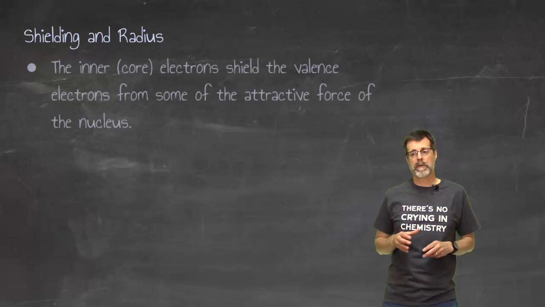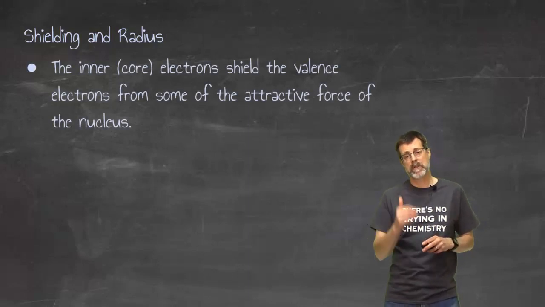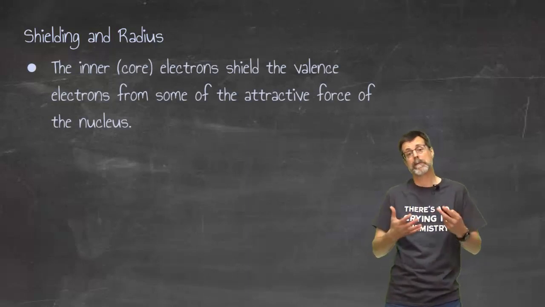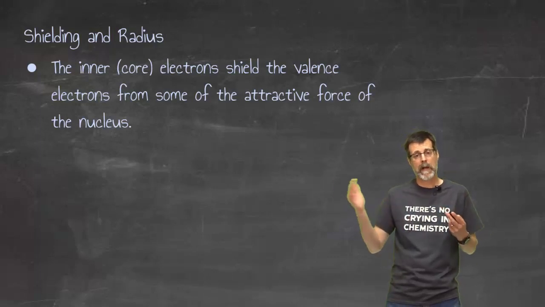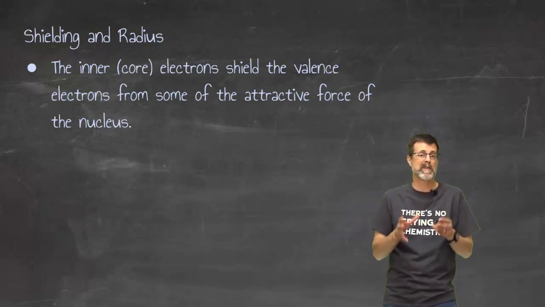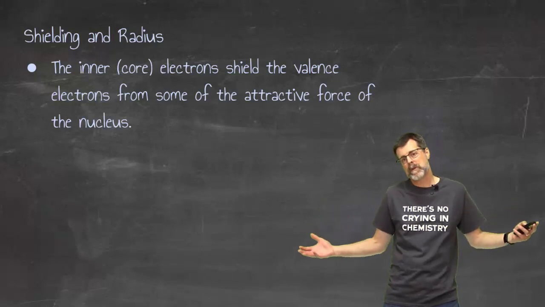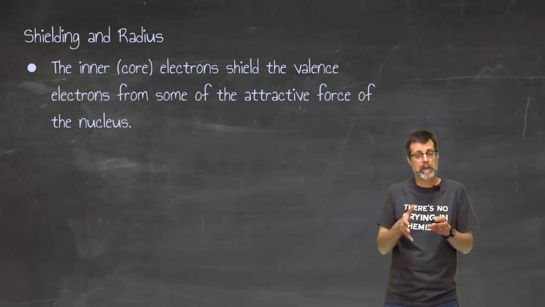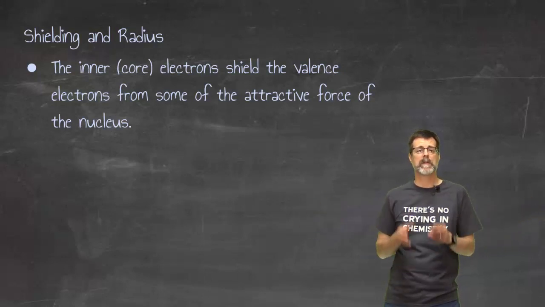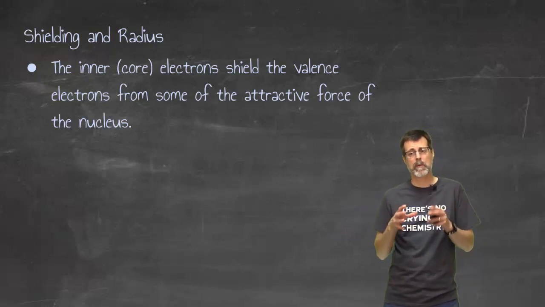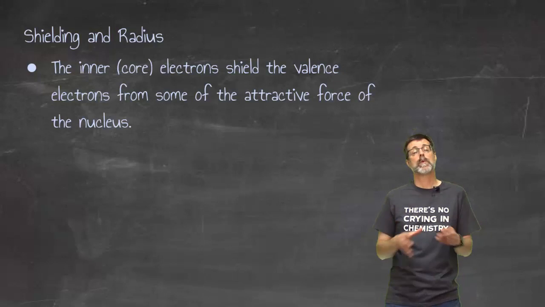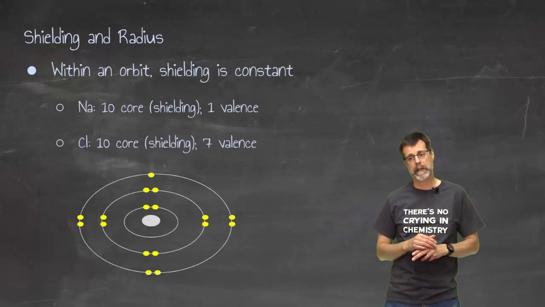Those inner electrons have the role of doing what's called shielding, or effectively blocking, absorbing some of the attractive force from the nucleus, because the nucleus is attracting all the electrons, not just the outer ones. We don't notice the radius until that nucleus affects the outside electrons, but it is indeed attracting all the electrons. The more core electrons I have in the middle, the more they absorb some of that attractive force. They shield it from the outside electrons.